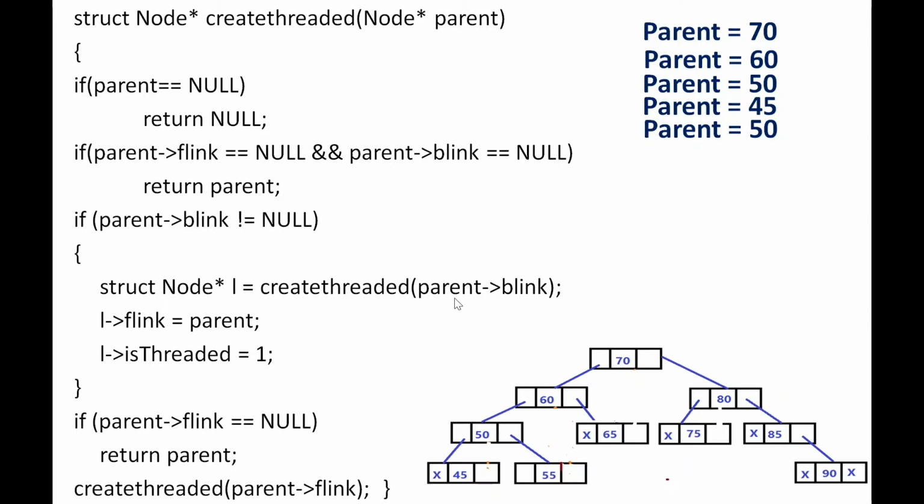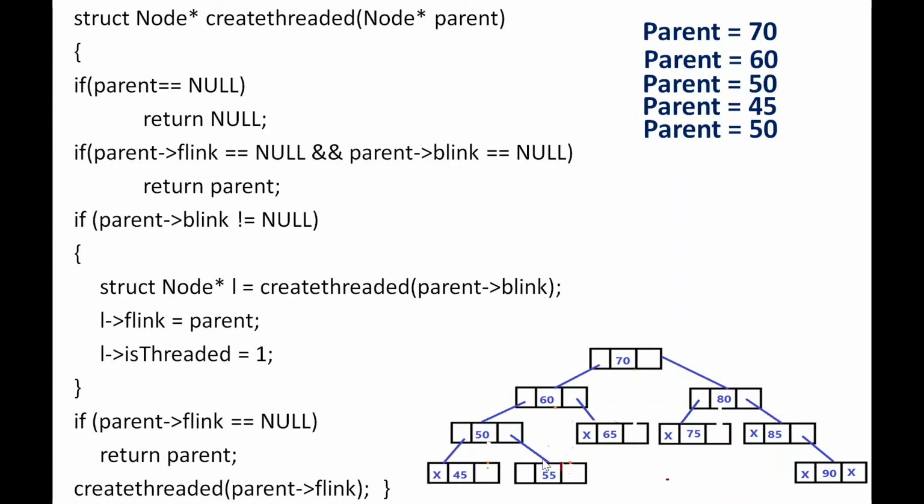So naturally it will restart the execution from the next statement, which is L forward link equal to parent. L is nothing but the return value of the recursive call. It was returning 45 in the previous execution. So node 45 is actually equivalent to L. The L pointer is pointing to node 45, and now we say L f link equal to parent.